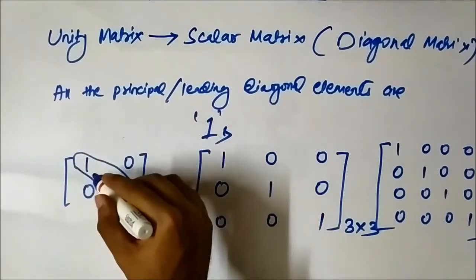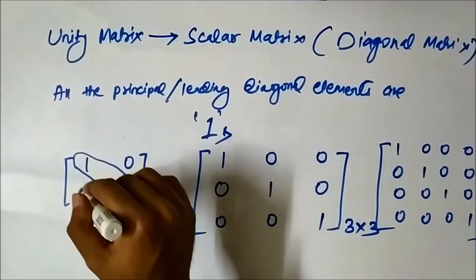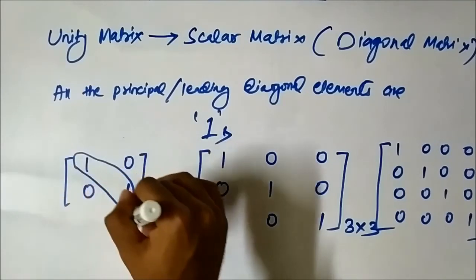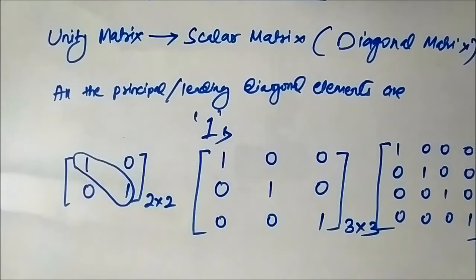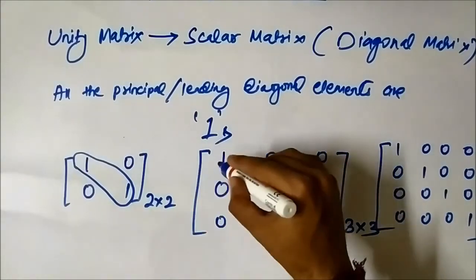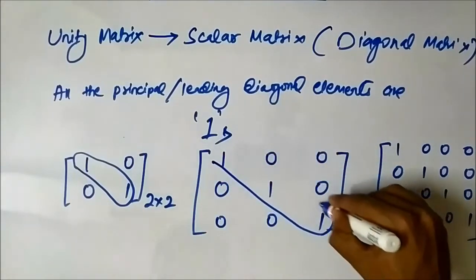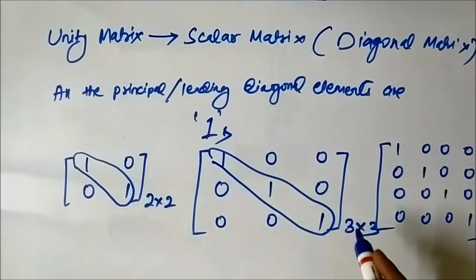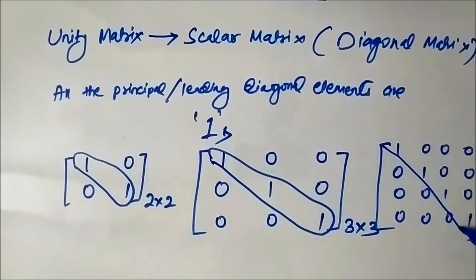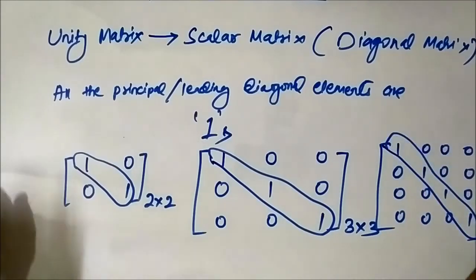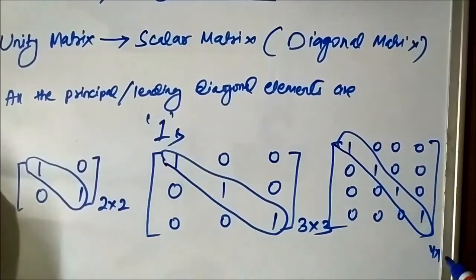Here also the same. Similarly, we can design unit matrices of as many orders as we want: 2 cross 2, 3 cross 3, 4 cross 4, 5 cross 5, 6 cross 6, 7 cross 7, like that.